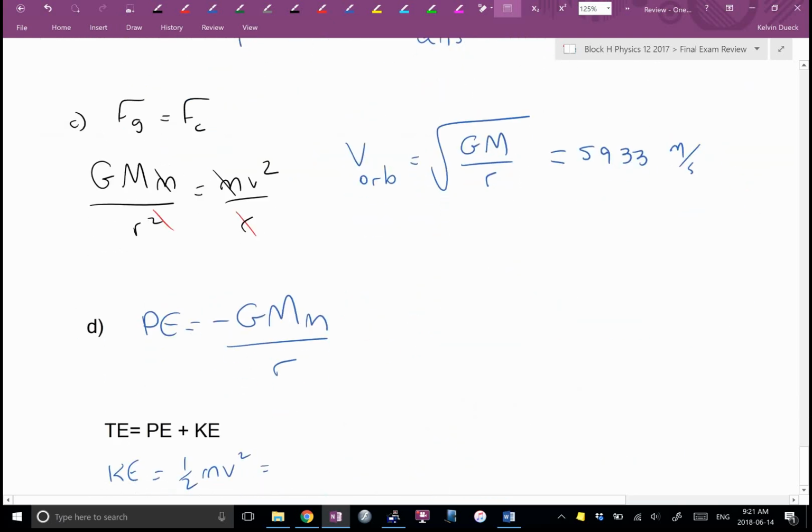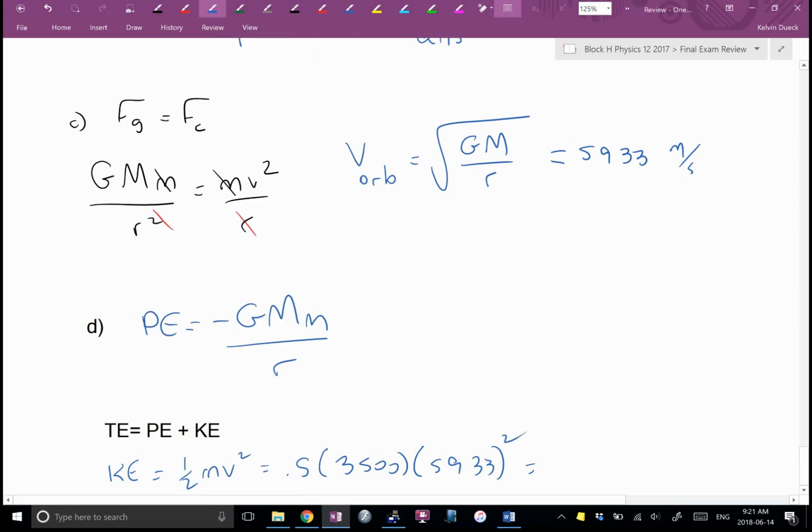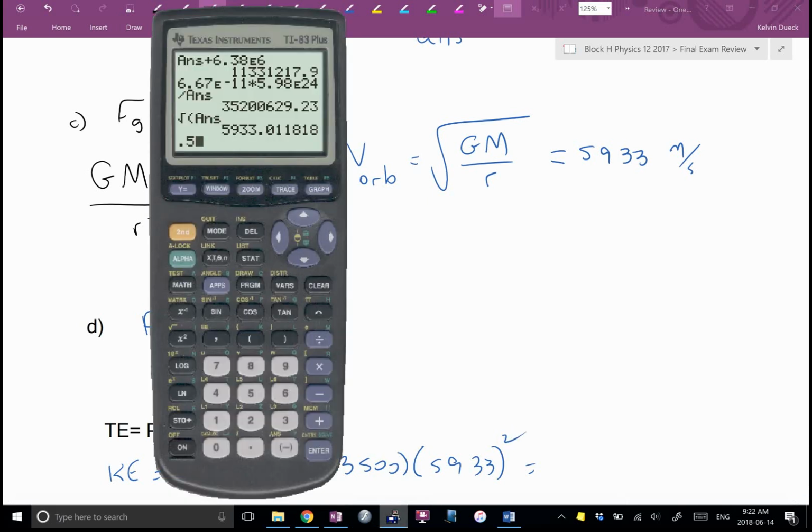So if I crunch that in a hurry, it's going to be 0.5, 3,500, almost exactly 5,933, but I'll use my answer button. Don't forget the squared, Mr. Dewick. I can't believe I did that. I have a student in my Block H class right now who will be laughing at me.